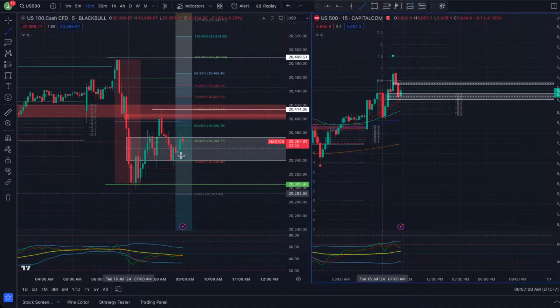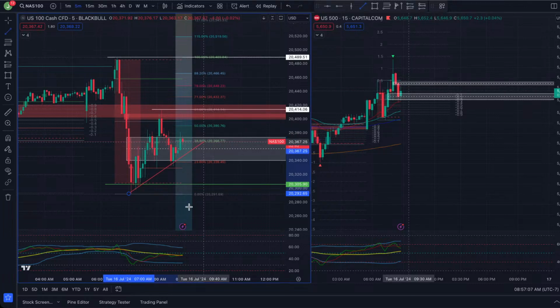As much as we want to see, again, displacement candles, this is slowly eking its way up. 3 minutes left in our stream.